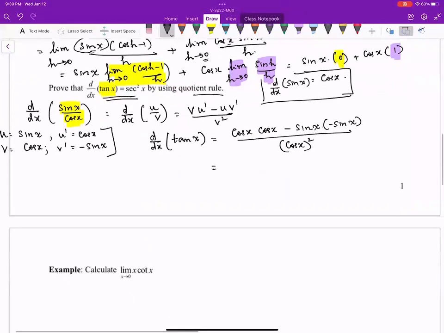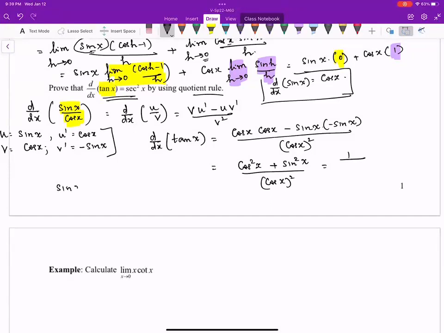So derivative of tan x would be cosine square x on the numerator. Minus and minus on the numerator makes it positive, which becomes sine square x over cosine x the whole square. By Pythagorean identity, the numerator is 1.